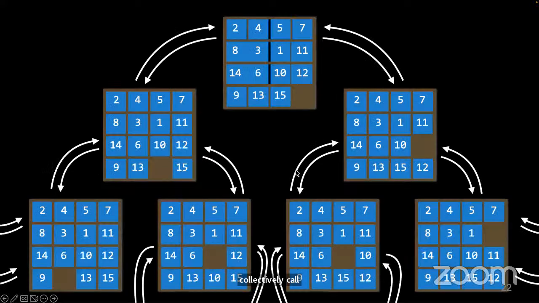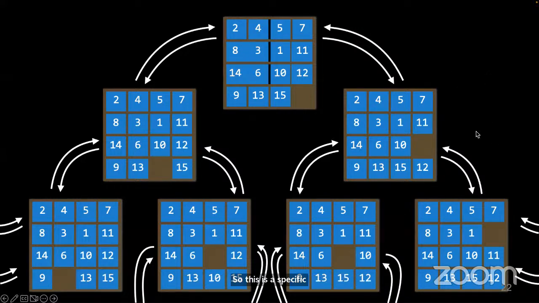For example, in the case of the 15 puzzle game, this is a small fraction of the overall state space, where we see that these boards represent different states, and these arrows represent a valid move that converts one state into another. So this is a specific example for the 15 puzzle game.